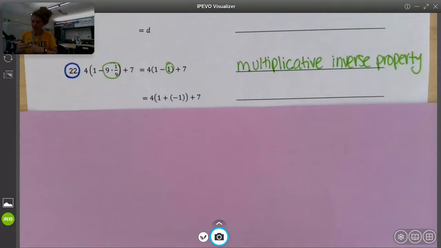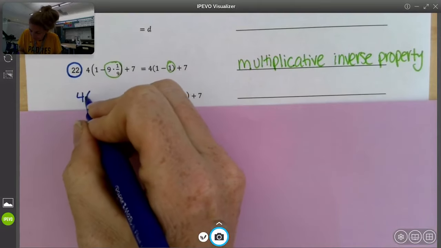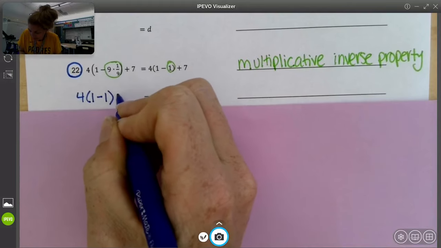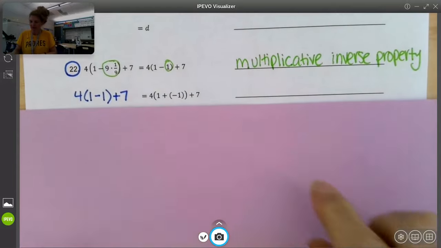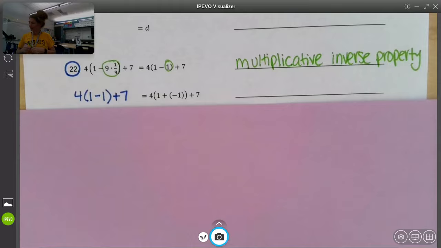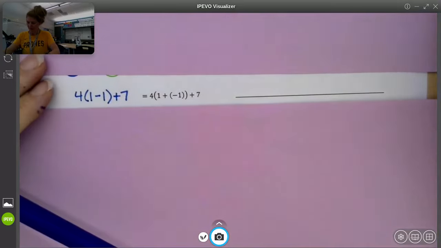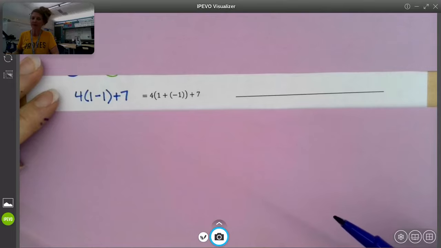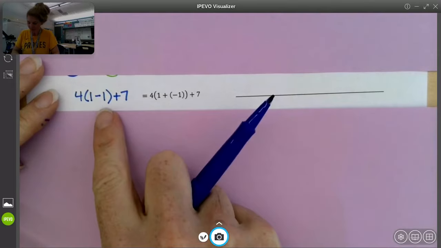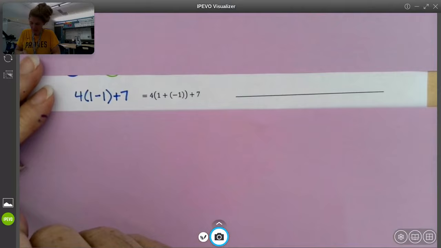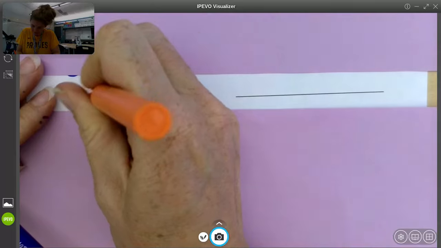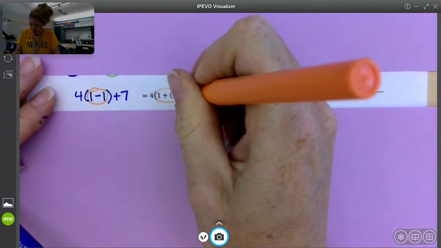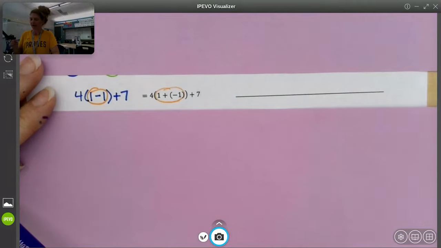And again, if it's helpful for you to rewrite, this is 4 groups, 1 minus 1 plus 7 is equal to this, and ignore everything else. Make it easier for you. Proofs can get tricky. So what happened here? What changed into what? Ooh, I see that 1 minus 1 turned into 1 plus negative 1.